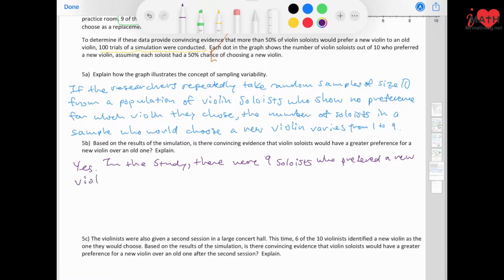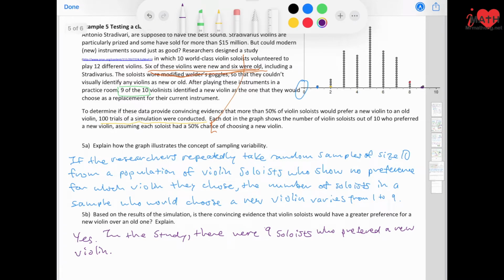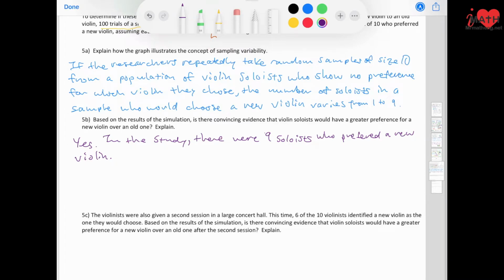So that is the one singular dot right there. So we're looking at that max there. This is much higher, right? Because we kind of assumed 6 were new, 6 were old.